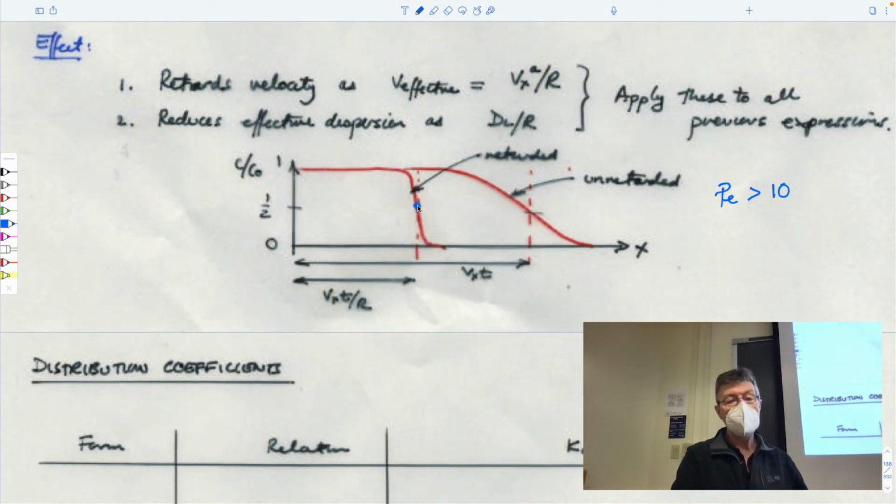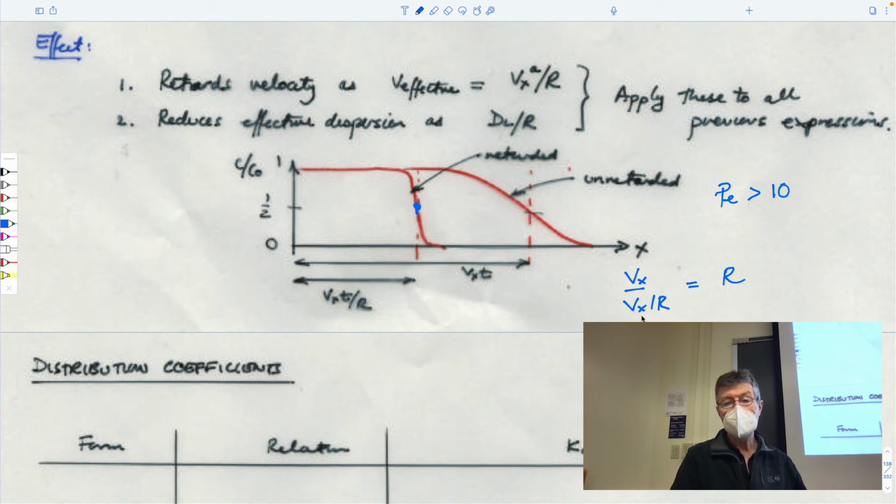And so if we think about the fact that here, the ratio of Vx divided by Vx over r, right? So this is the retarded velocity. This is the actual velocity. This is going to actually equal r. So the definition of the retardation is the velocity of x relative to the retarded velocity.